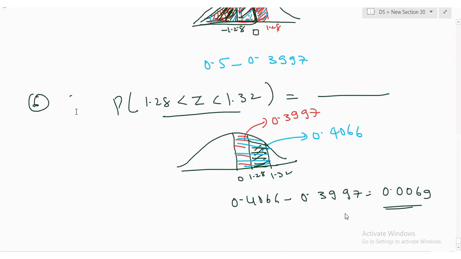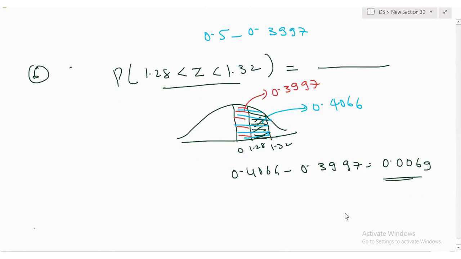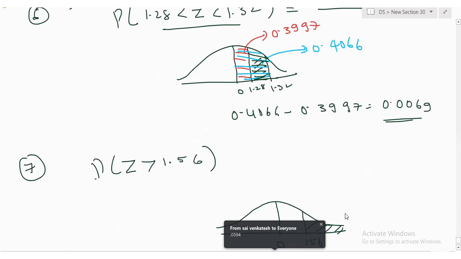Okay. Now, seventh problem. Z greater than 1.56.